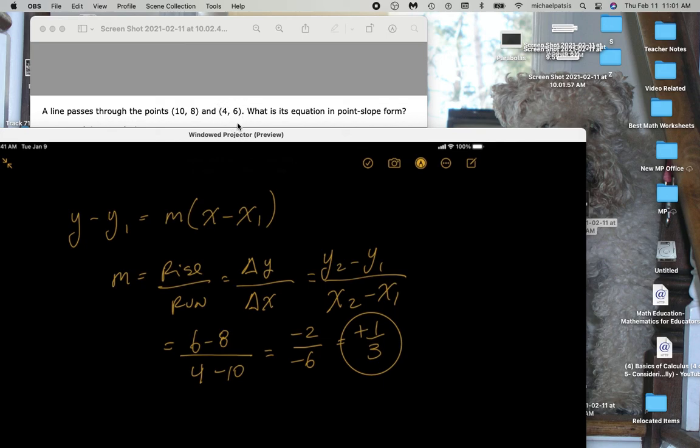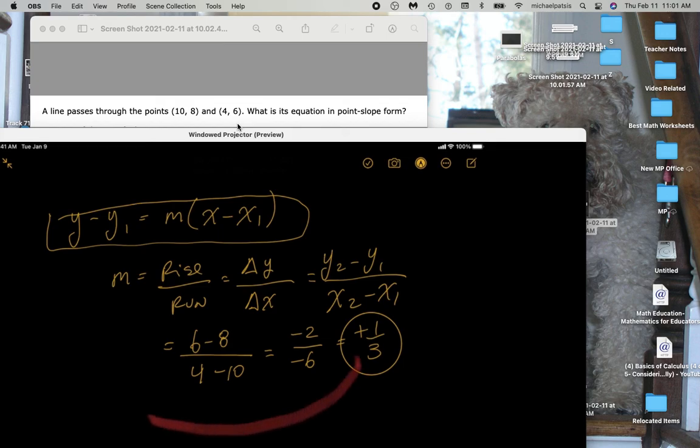I'm going to choose this point, 4, 6. I have my generic formula here. I have my slope right here, which I had to work harder to get for this problem. In the previous problems, they gave it to us, but here we had to work a little bit to get it. And now I'm just going to plug in my point, 4, 6.